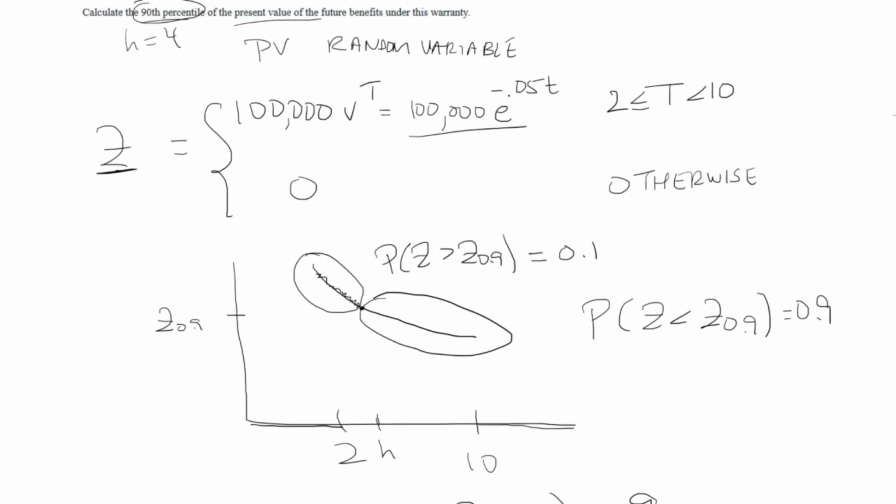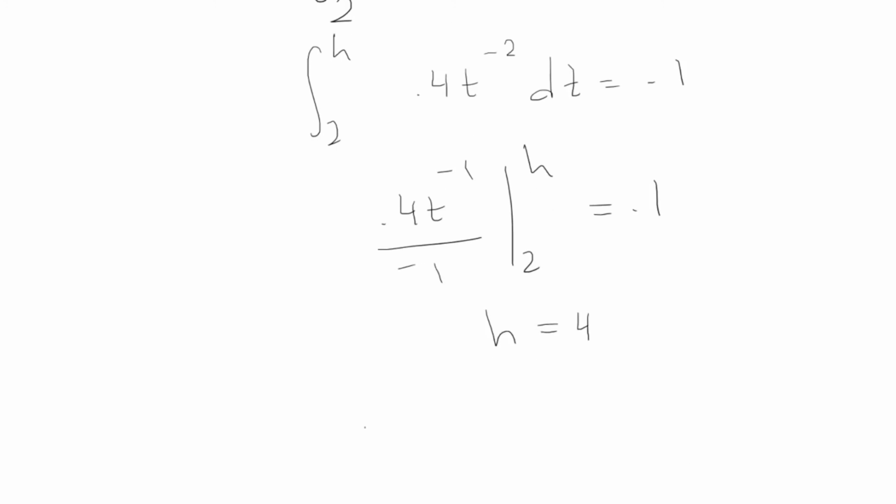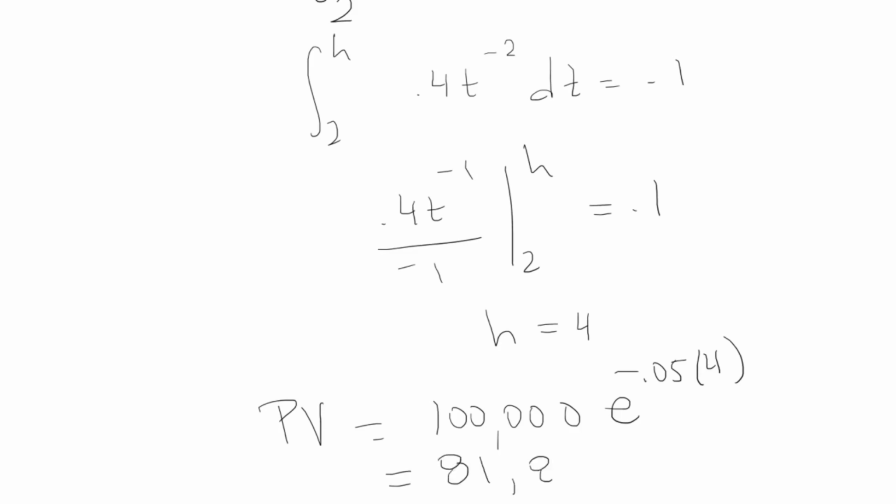So we're going to replace t with 4, and that's going to be my present value. If we simplify that, we get 81,873.